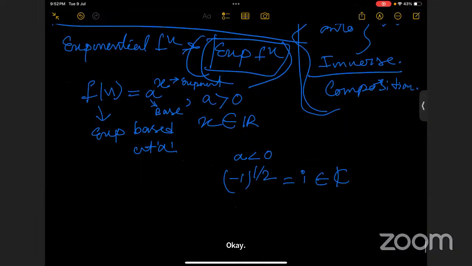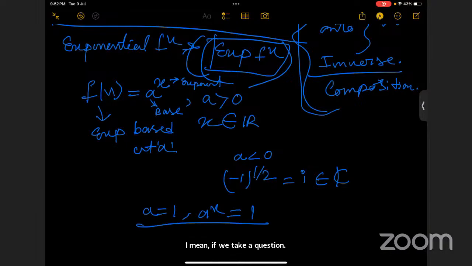Again, if we take a equals to 1, then a power x will be again 1, so there is no change here. If we take a equals to 0 and x belongs to R, x can be 0 also, right?